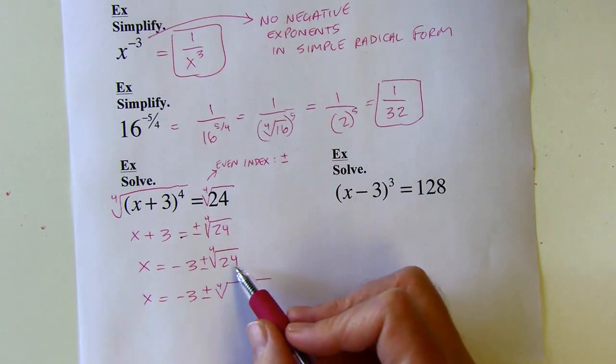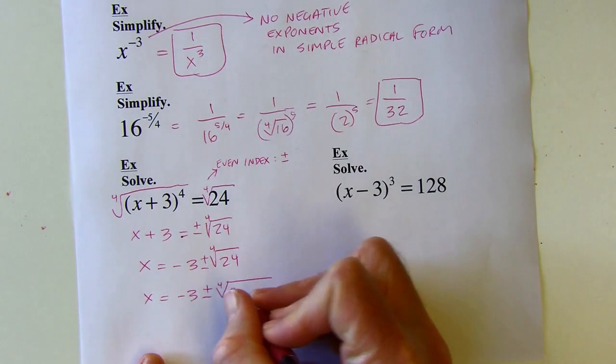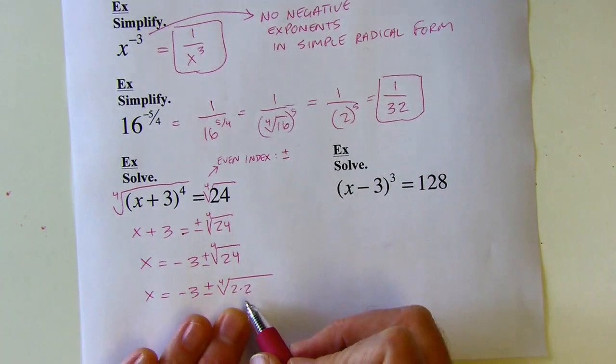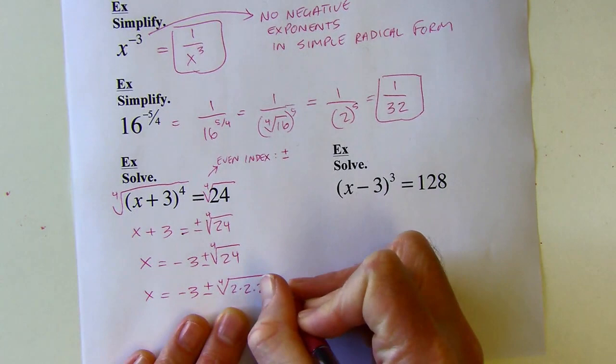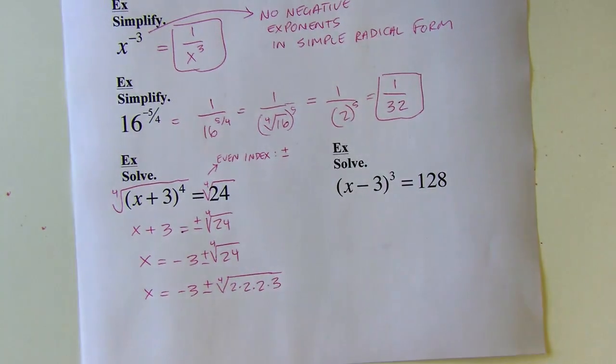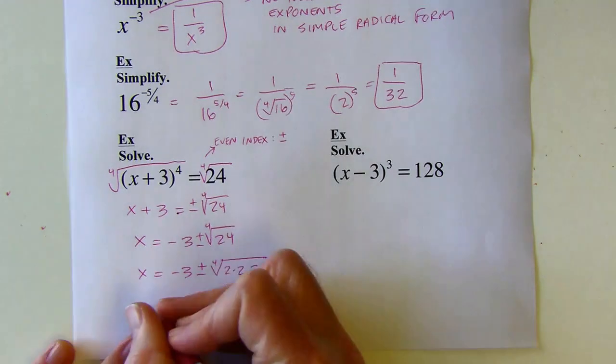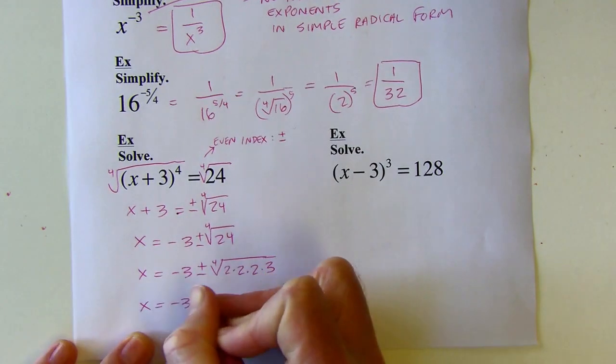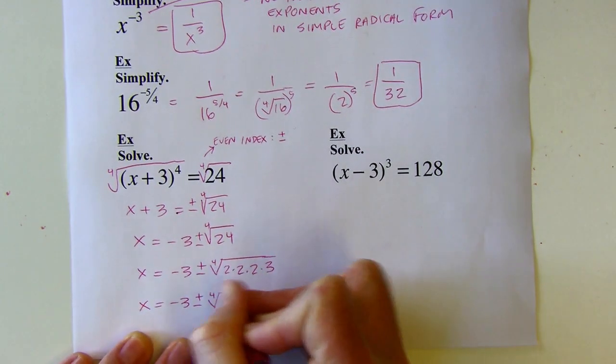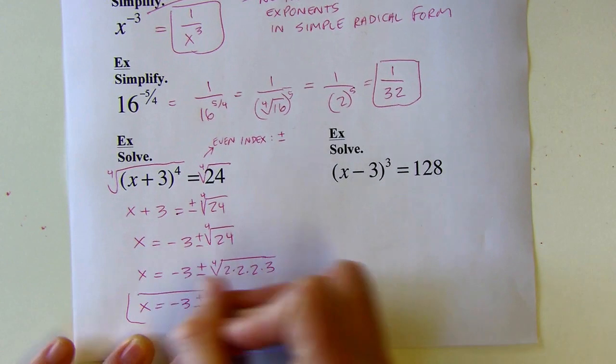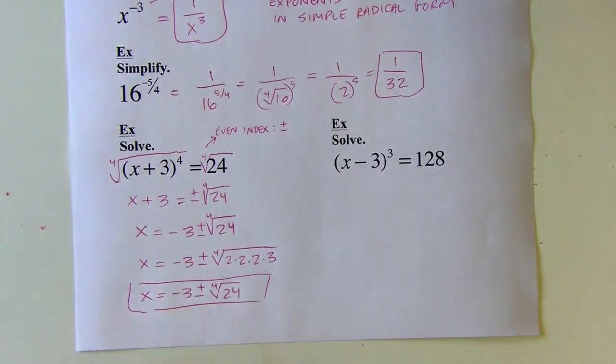Let's see, that would be 4 times 6, right? Or 2 times 2, that's the 4, and then 6 would be 2 times 3. And hey, I found some triplets, but I did not find any quadruplets like I'd be looking for here since the index is 4. So I can't really simplify this any further. This is good to go in simple radical form, okay?